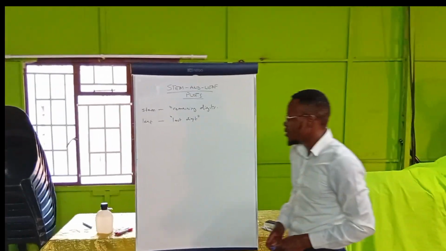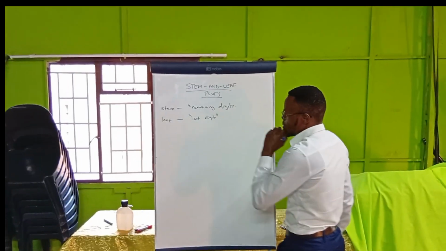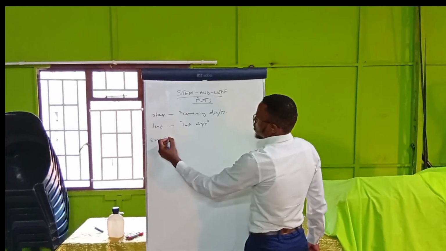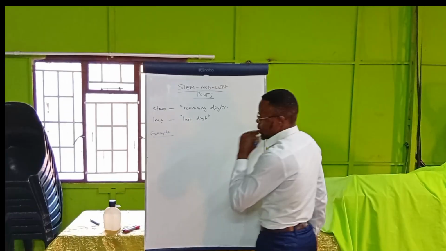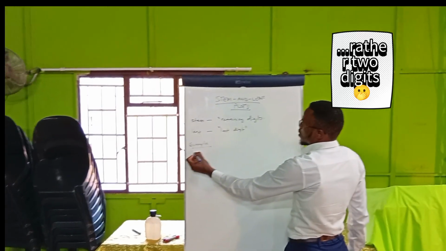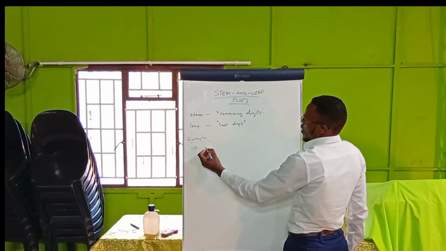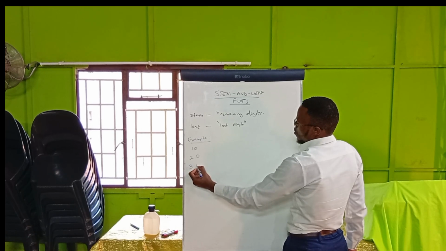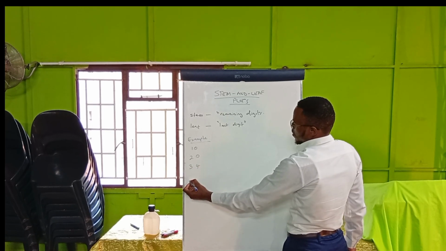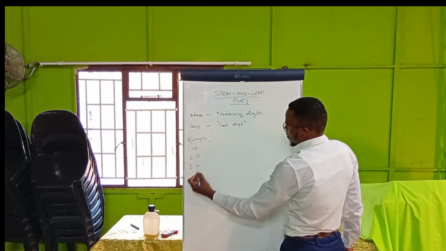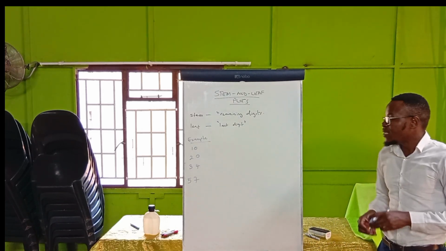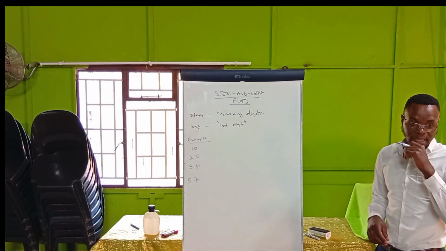Let's look at some examples. I'll start by writing a couple of examples that have 2 digits. Let's say we've got 10, 20, 34, and 57. In order to determine the stem and leaf, you need to start with the last digit.